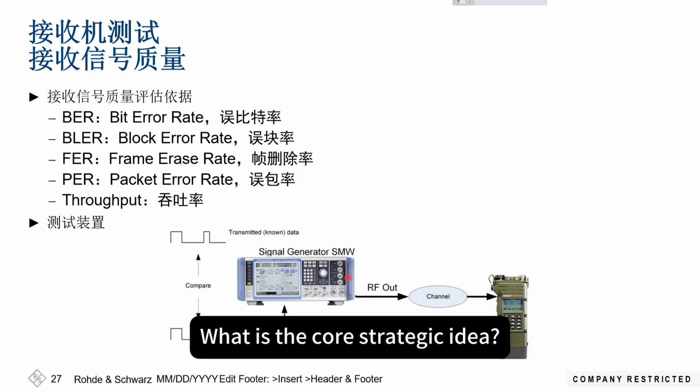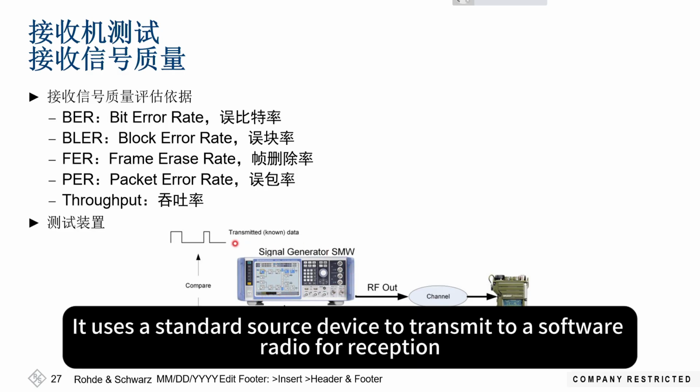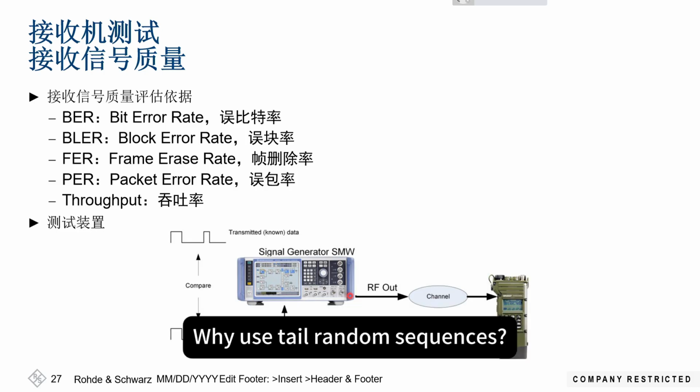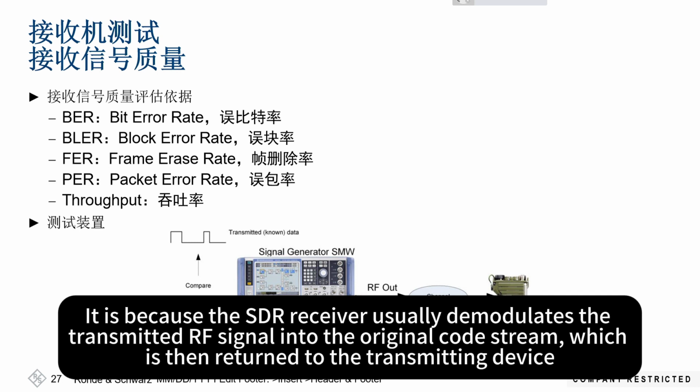What is the core strategic idea? It uses a standard source device to transmit to a software radio for reception. Of course, the source of this transmitted data is usually a pseudo-random sequence. Why use pseudo-random sequences? It is because the SDR receiver usually demodulates the transmitted RF signal into the original code stream, which is then returned to the transmitting device.